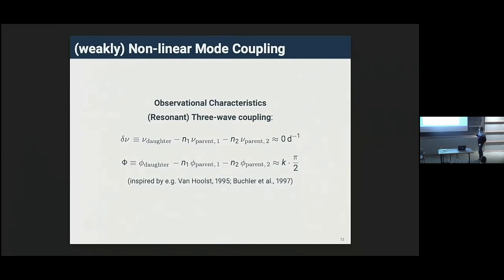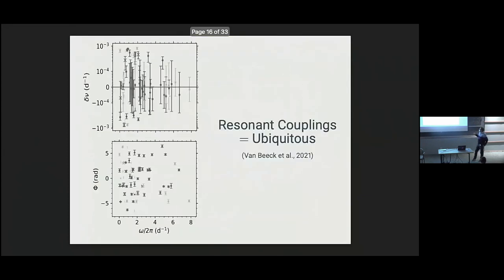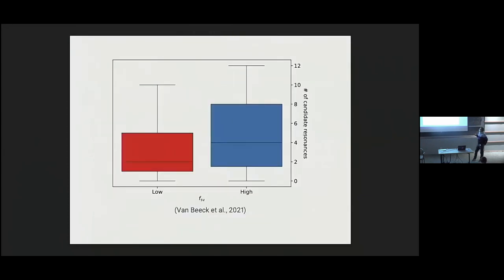What I did in our latest paper is compute these for all different combinations for all the different frequencies in our list, and then look at the statistics of how many of these are actually fulfilling these equations.